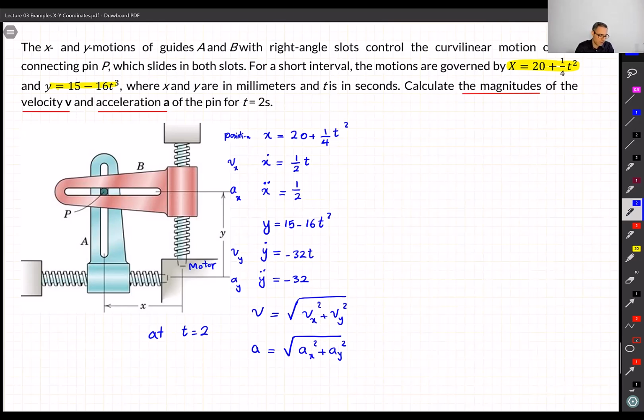Now I want you guys to go and think and let me know, maybe next lecture, what the path of this pin looks like. Is it something like this curvature, like this red one that I'm drawing, or do you think it's going to be something more like this bluish one? Just give it some thought, right? We don't know the path. Of course, we can get rid of this time t and find the equation, which later we will do.